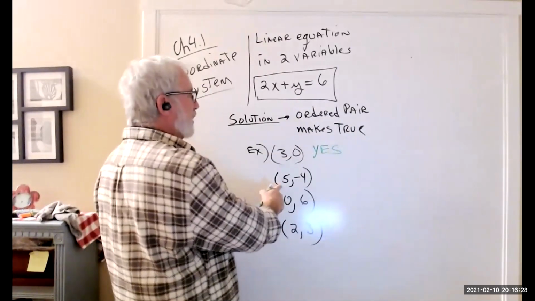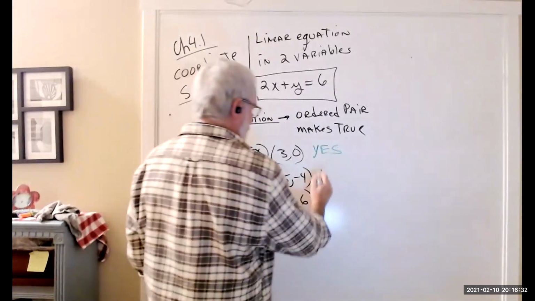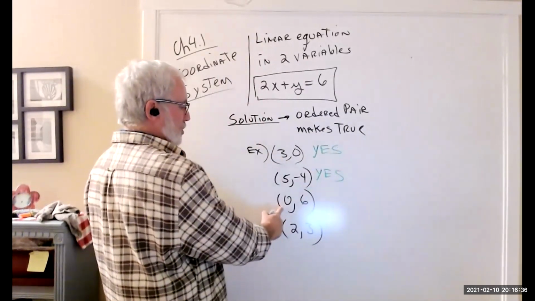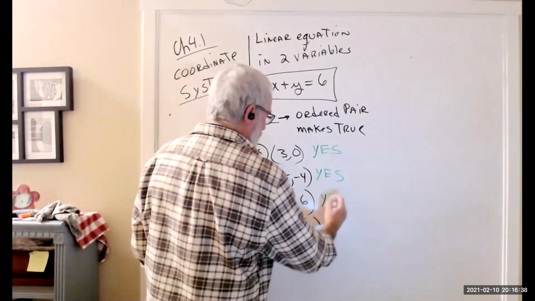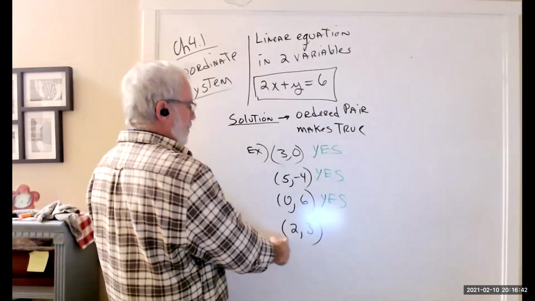What about (5, -4)? Is that a solution? Yes. What about (0, 6)? Yes. Okay. What about (2, 3)? No. Okay.